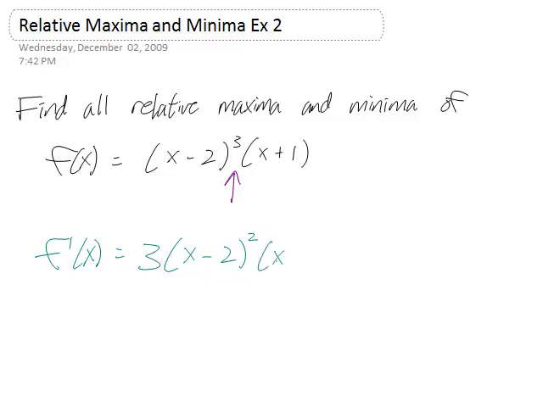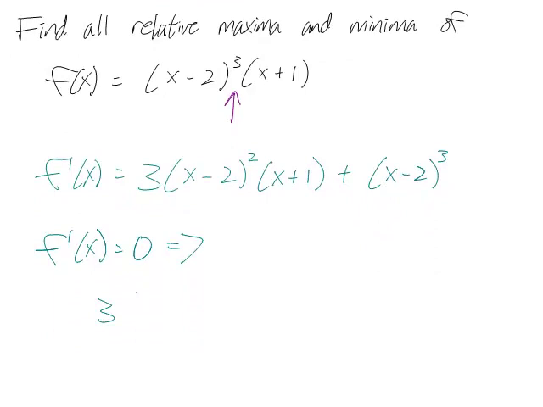Times (x + 1), plus (x − 2)³, the first one, times the derivative of the second, which is just 1, so we don't have to write that either. To find the critical points, we set f prime equal to 0. That means 3(x − 2)²(x + 1) + (x − 2)³ = 0.